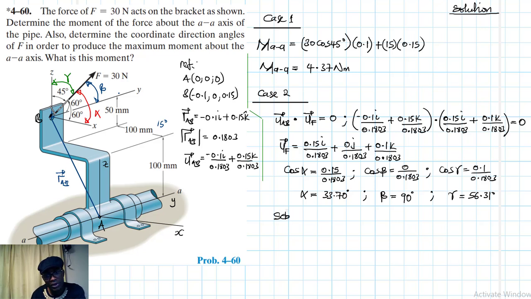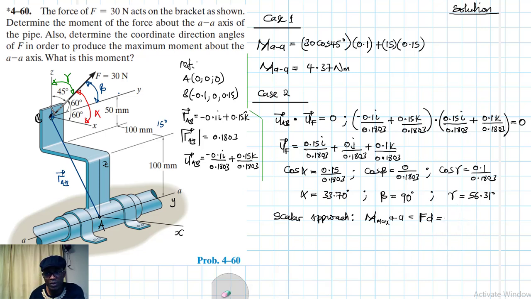So if we use the scalar approach, then the maximum moment about the AA axis is equal to the force itself, 30, times the distance.